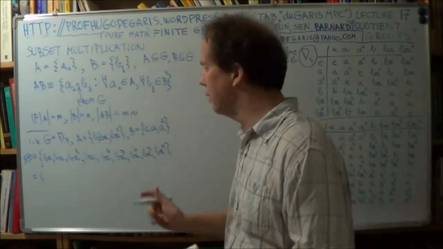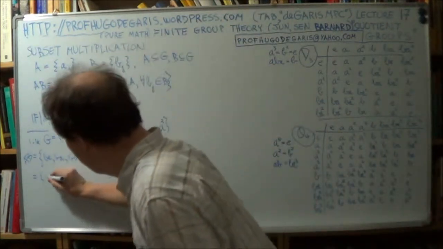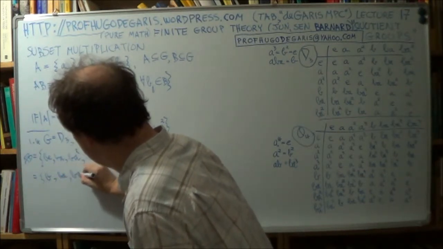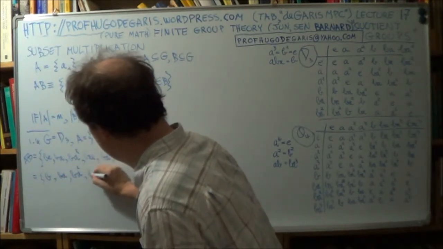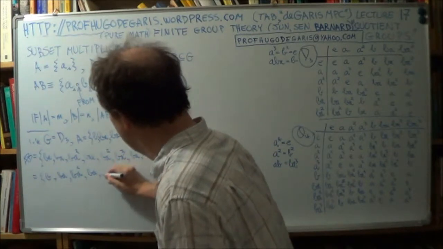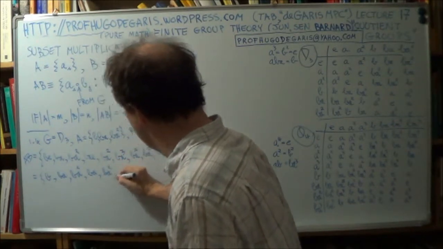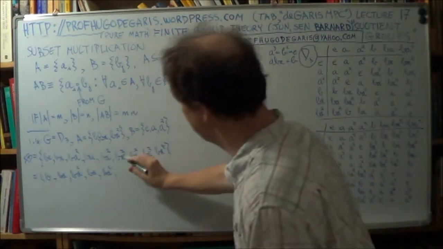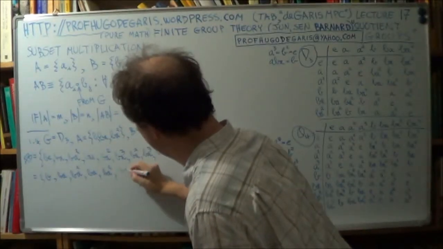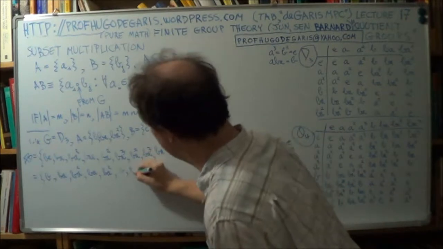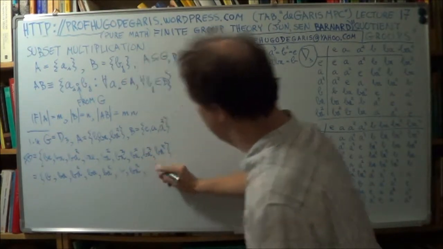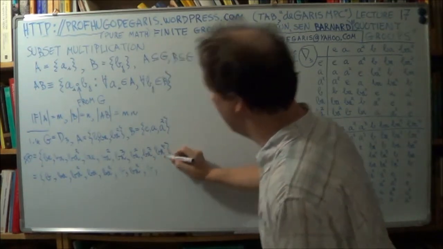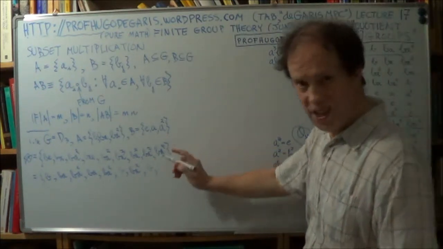So this is just B, BA, BA squared. Now A cubed is E, so this is just B. BA squared. And B again, since A cubed is E. And now BA to the 4th is just BA.